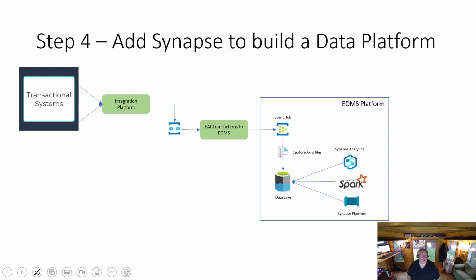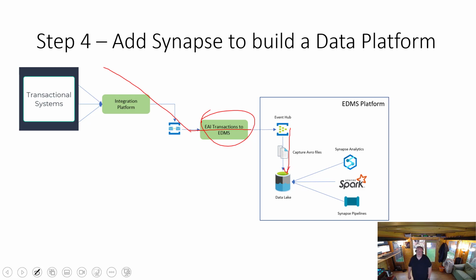Okay, so step 4 was after we added Synapse. This is how this started working. So we had different systems coming in through the integration platform, through the Event Hub, and this was the function app over here. And then Event Hub has its capture feature, which can write data to the Data Lake Gen 2 storage.